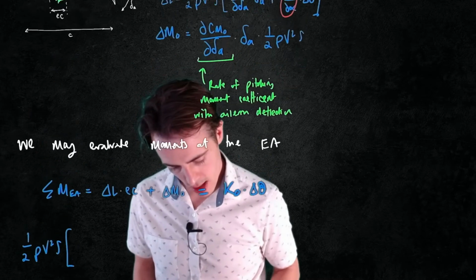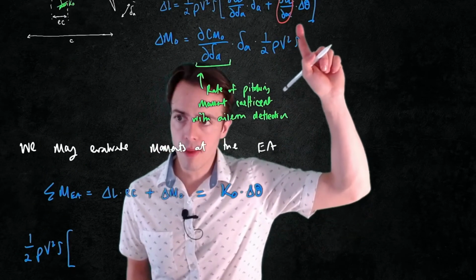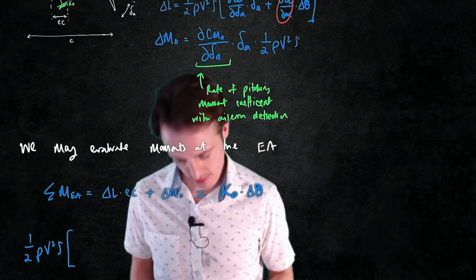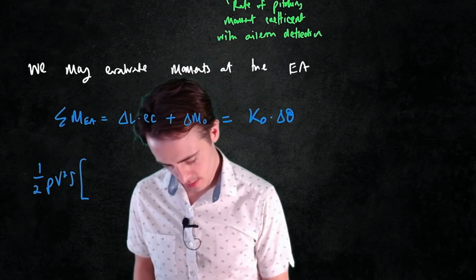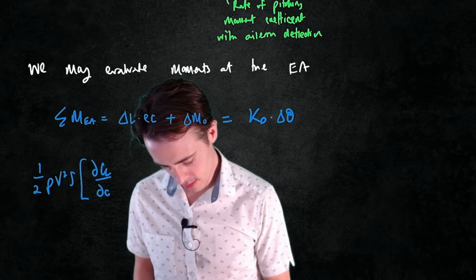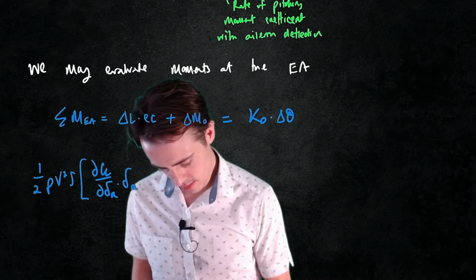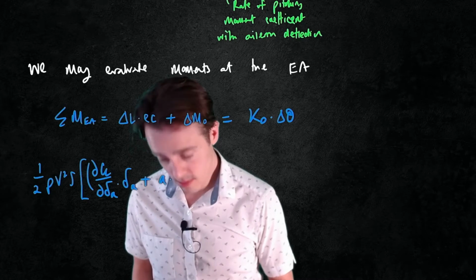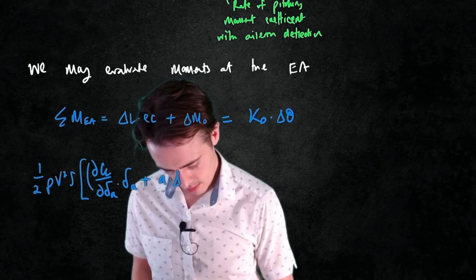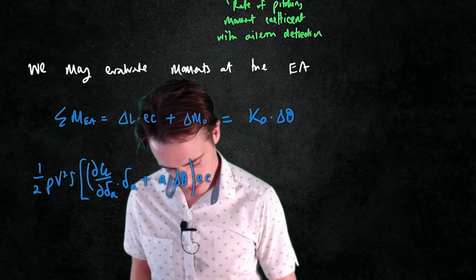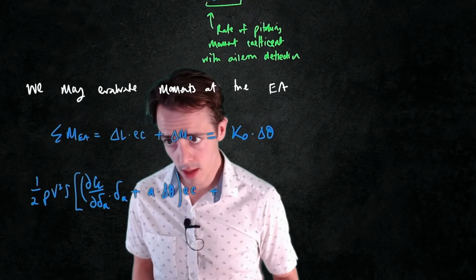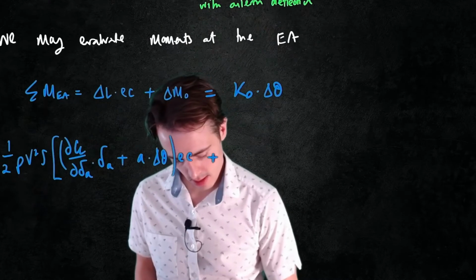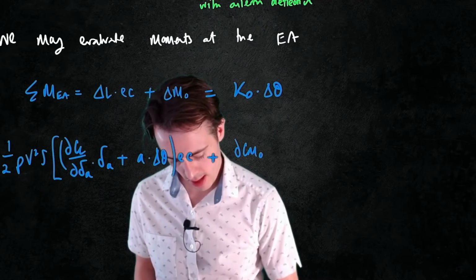Then I've got the lift curve slope multiplied by delta theta, and then I've got dCl by d delta A multiplied by delta A. And then I've got this last term, which is just dCm naught by d delta A.